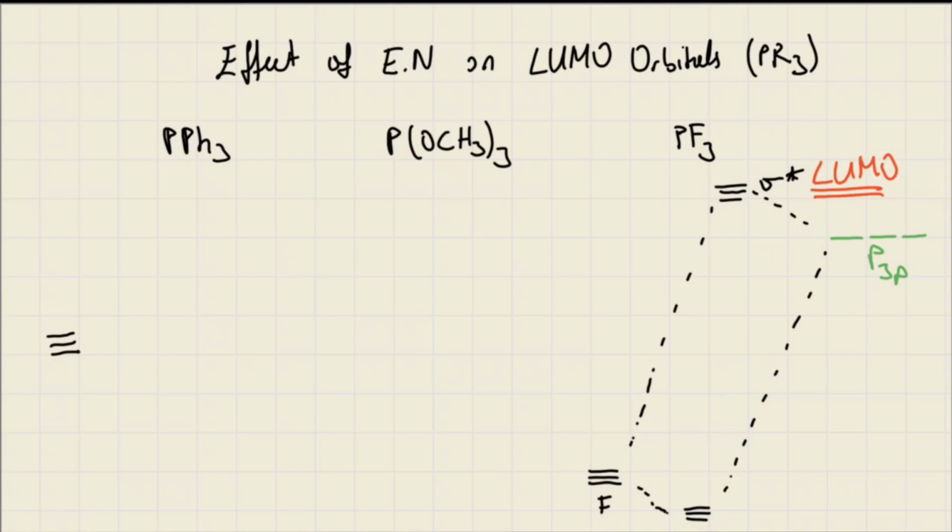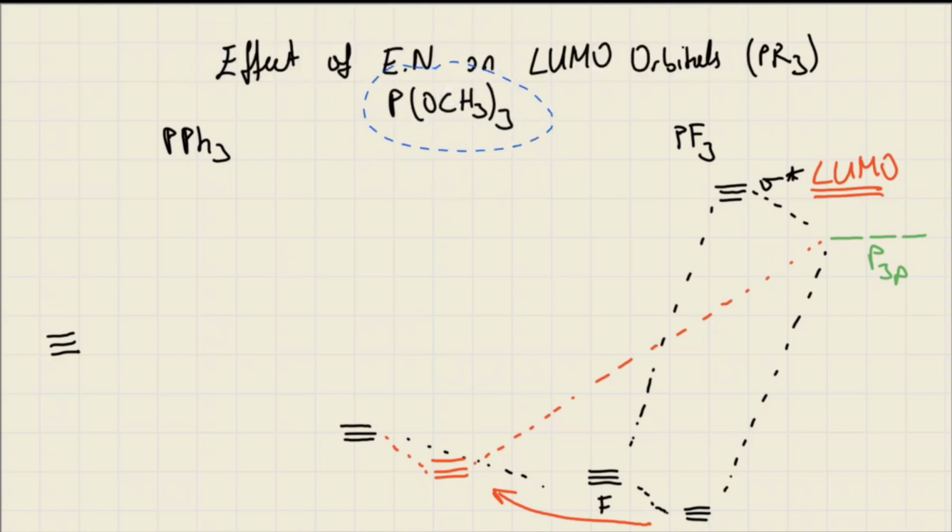Then we have oxygen, and oxygen energy levels are a little bit higher, okay, and it can interact with the P3p orbitals, so they can interact with each other, and this energy will be higher than this bond, but it causes the increase of the LUMO energy.